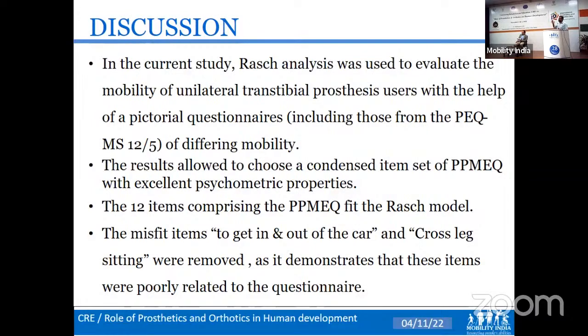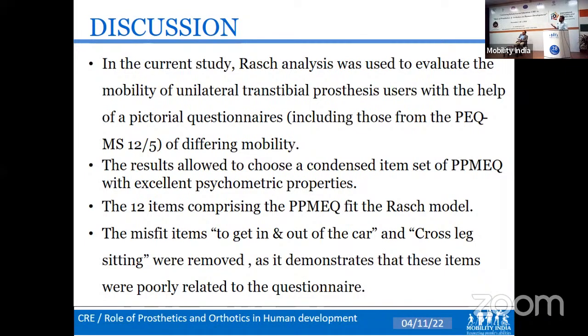This is a new approach to check reliability and validity of any questionnaire; before that, we used test-retest reliability and other approaches. The misfitting items, getting in and out of the car and cross-legged sitting, were removed, as they were poorly related to the questionnaire.